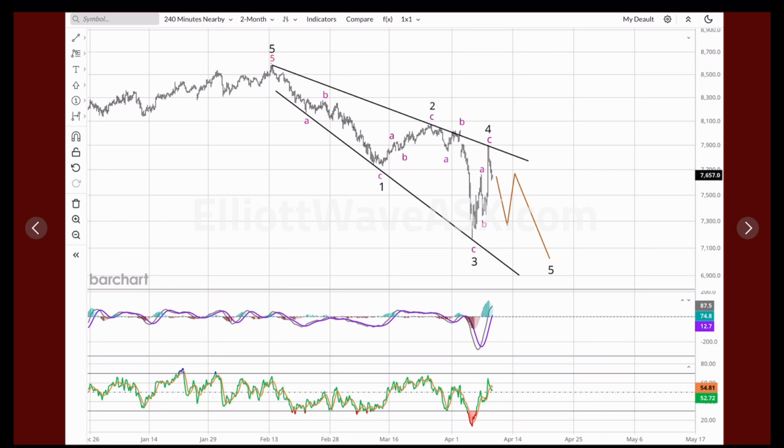Now, if that happens and we get positive divergence, so what I'd look to see is we've got the MACD here on this impulsive low. It's hit a low that's quite extreme, looking at the previous price action on the chart.